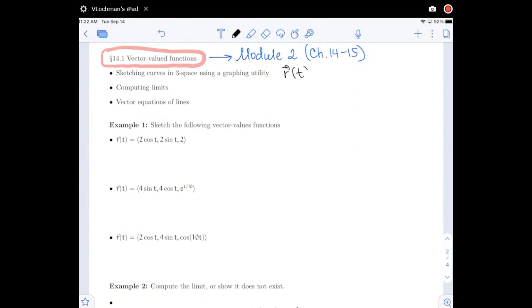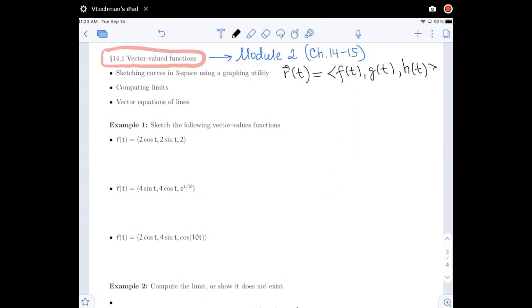R of t is equal to a vector function, f of t, g of t, and h of t. Okay, so a curve represented in this form. That's what we need to focus on in the next few sections, okay?